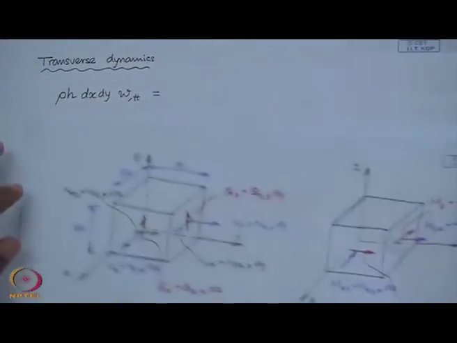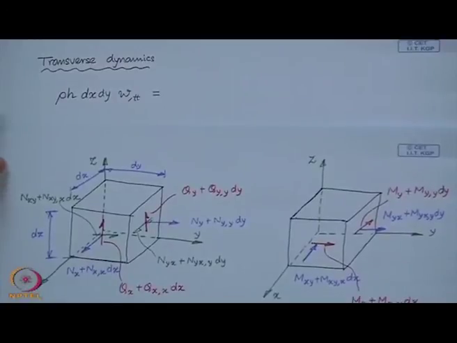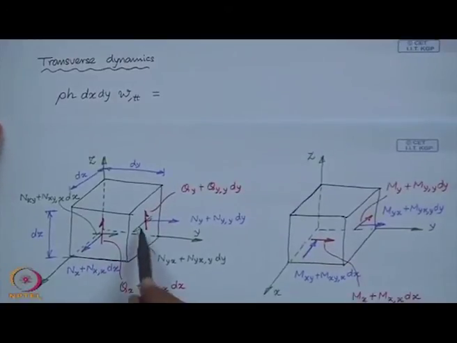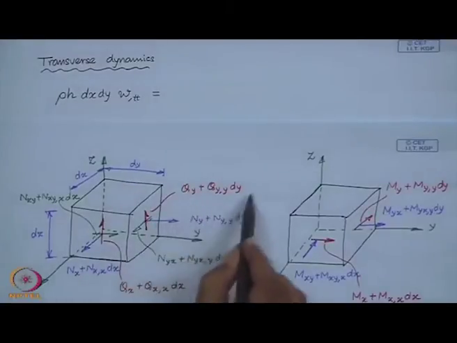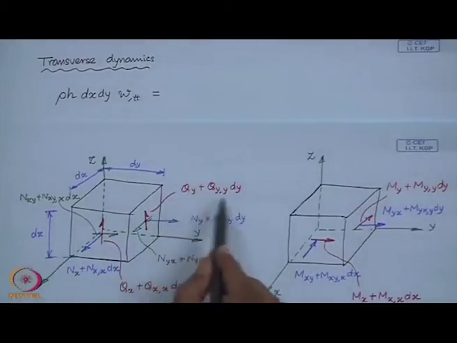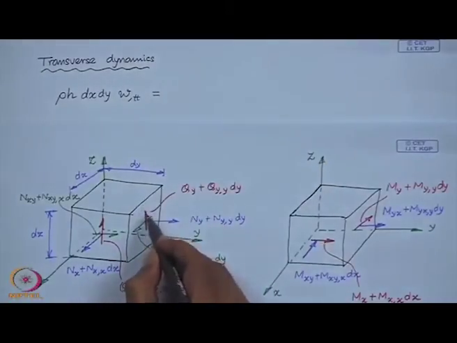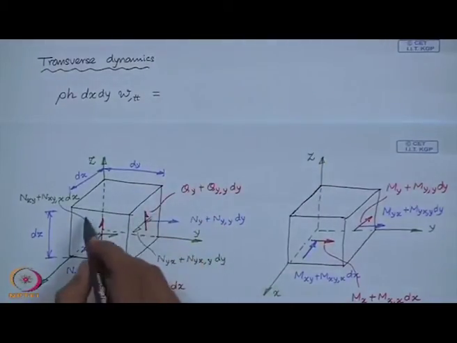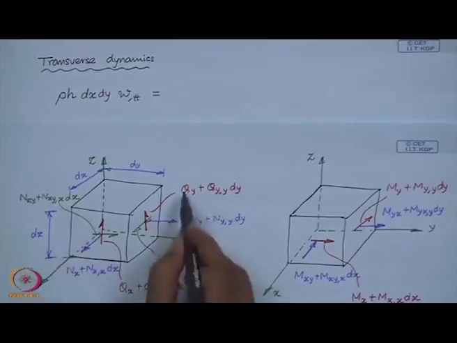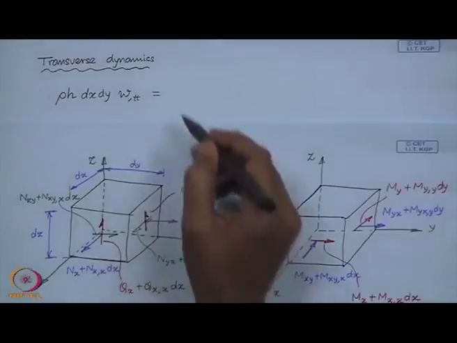So, if you now look at this figure, we have in the transverse direction these forces Q. Here it is upwards, and here there will be a downwards force which will be minus of q y in the equation of motion.